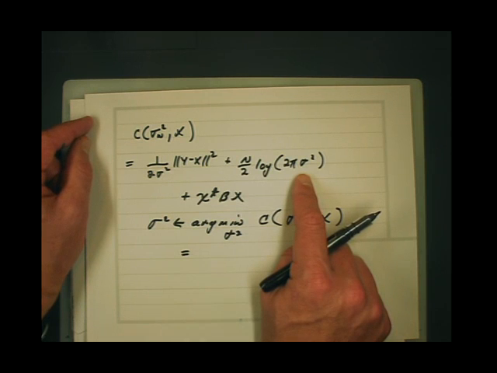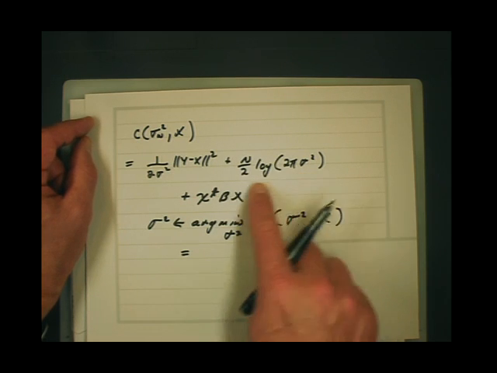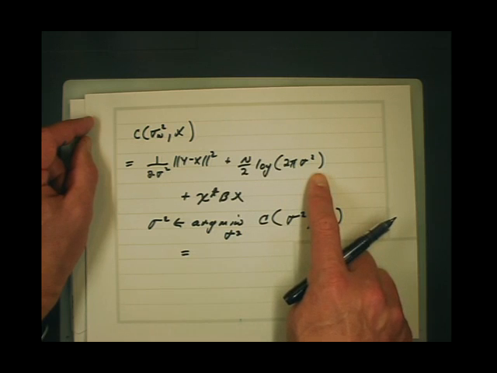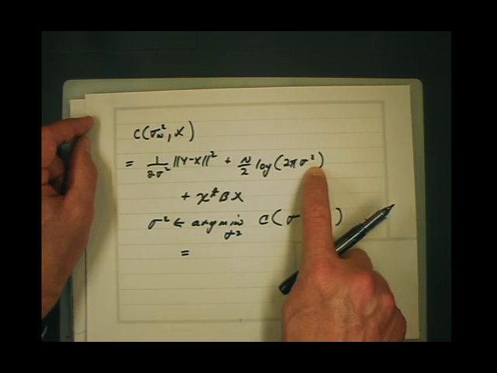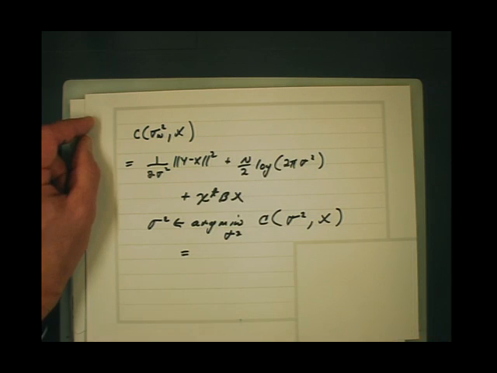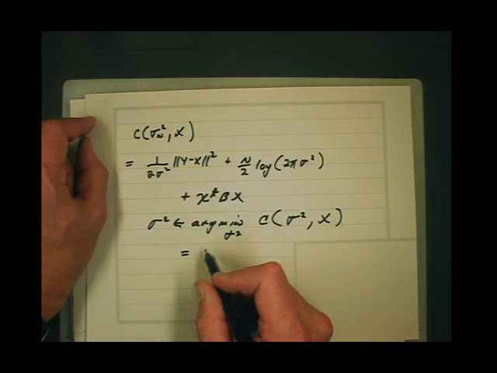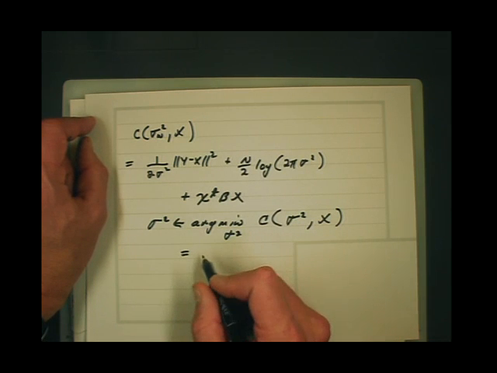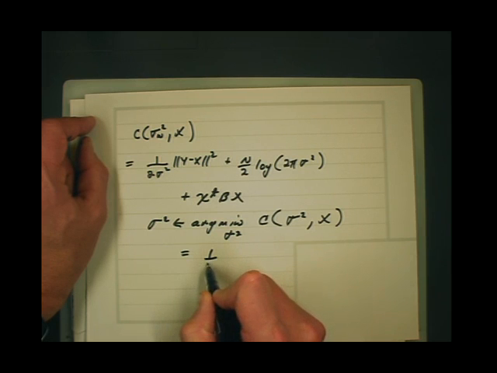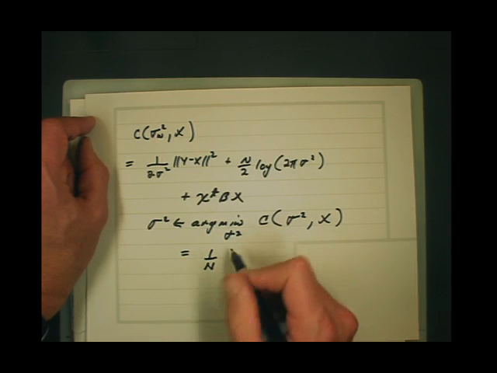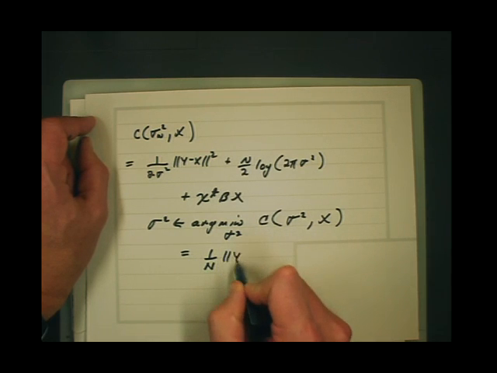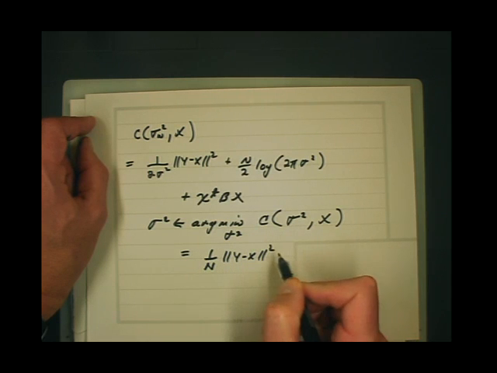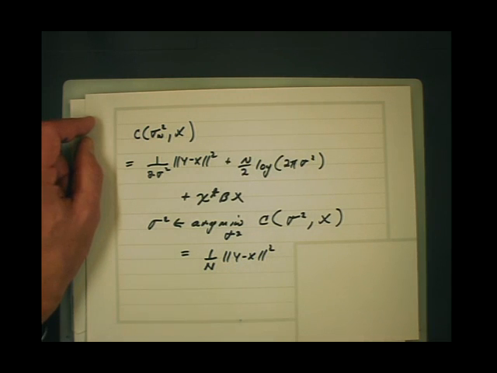It's a really simple calculation. You just differentiate with respect to sigma squared and set equal to 0. And what you're going to get is 1 over n of the norm of y minus x squared, where n is the dimension of y.